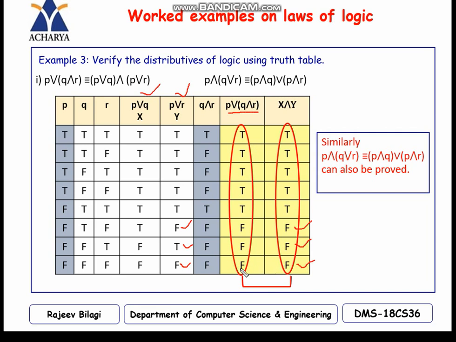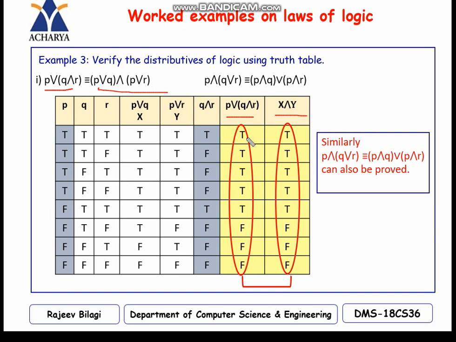So these two compound propositions are said to be logically equivalent. And if you perform the biconditional operator on this and this, you should get a tautology.